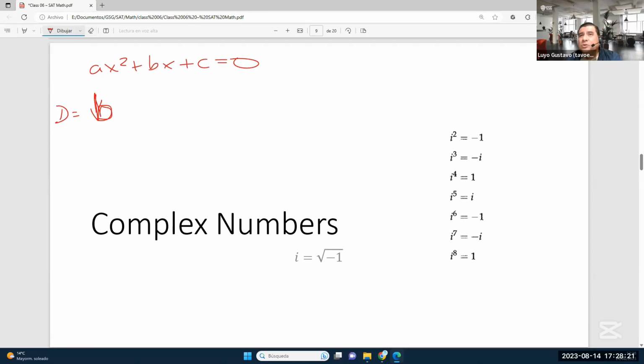b squared minus 4 times a times c. Because in the general formula, we have that the two solutions come from this.